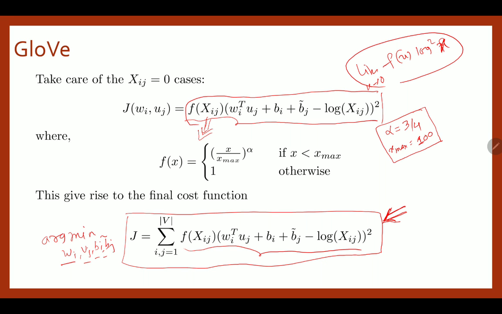The primary concern is why and how they obtained this cost function. Ultimately, to implement GloVe, you just have to collect a corpus, find these x_ij's, create your term context matrix, and then fit into this equation and optimize it.